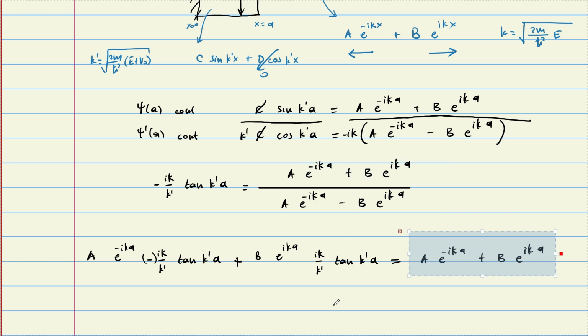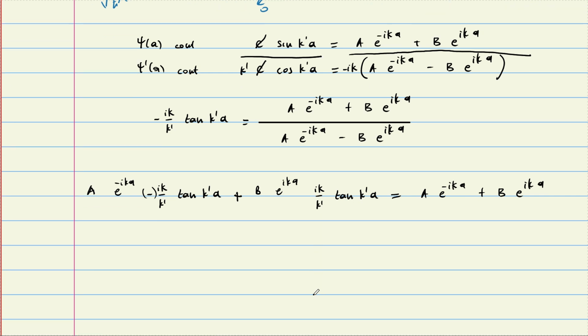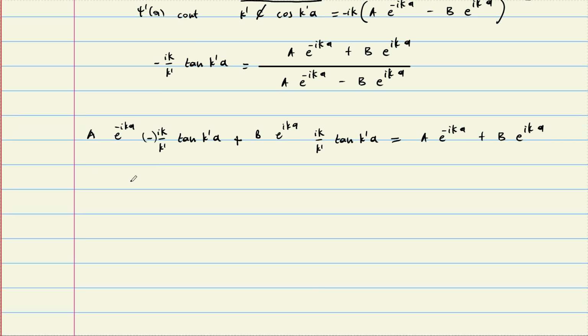And now I want to collect A's and B's. So let me collect A on the left, and you can see there's also e to the minus i k A, which is common. So this is going to be minus 1 minus this thing.